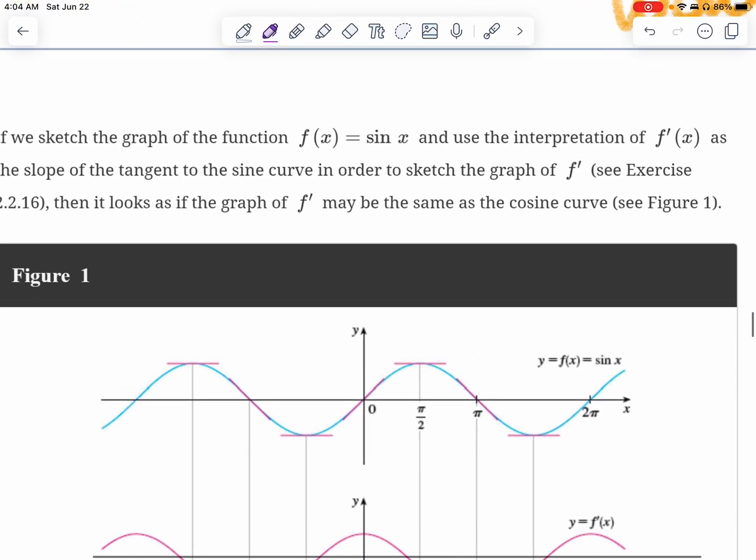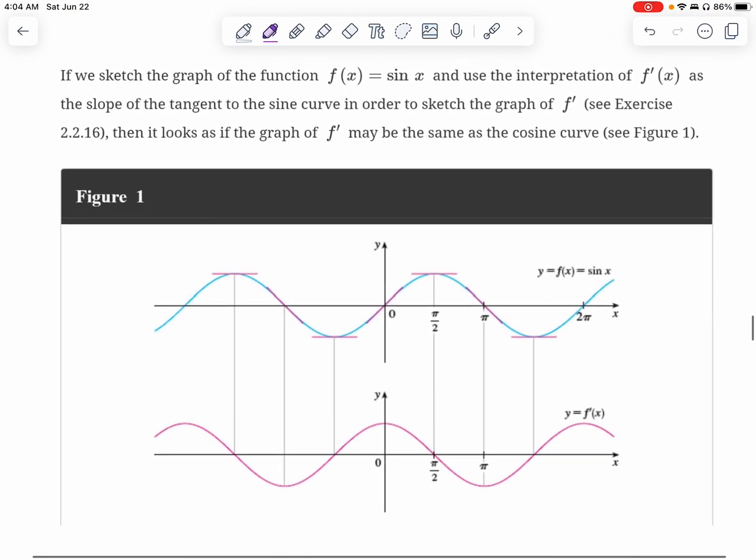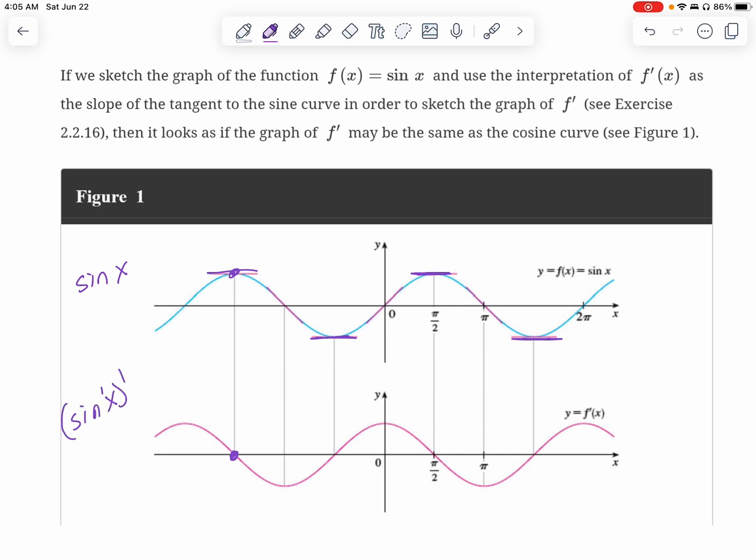So here's my graph of sine. And if I think about the derivative of a graph of one function, I start by looking for the zeros, right? So every time I see a horizontal tangent line, that should correspond with a root on the derivative. So this is sine, and this will be the derivative of sine. So horizontal tangent line means it's a root. Horizontal tangent line, so there's all my roots.